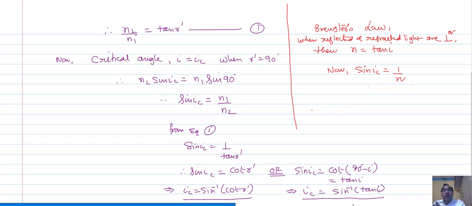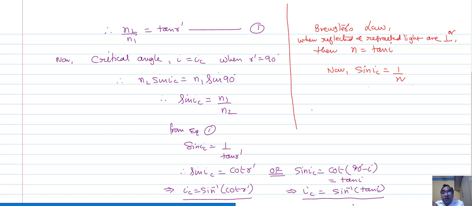So by using Brewster's law also we can find it. Care has to be taken regarding in which medium light is incident when you are applying Brewster's law, because here the light is taken from rarer medium to denser medium when we write this expression n is tan I. While in the first method we have considered the light ray traveling from denser to rarer.